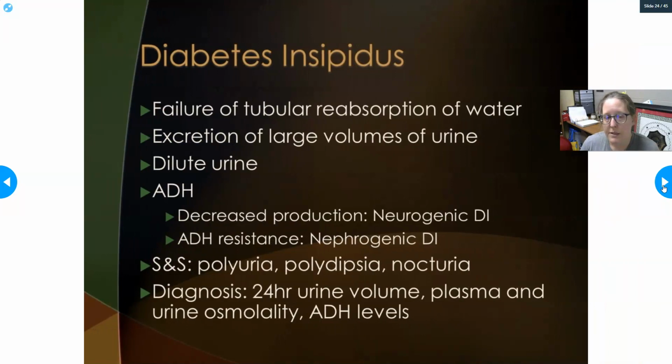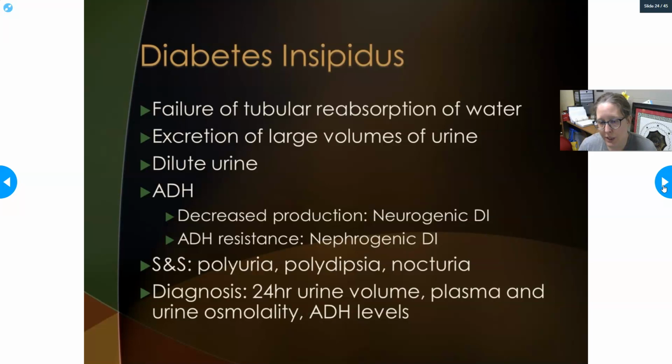Diabetes insipidus, this is the other diabetes, and it's a failure of the tubular reabsorption of water, usually due to lack of antidiuretic hormone. It causes the excretion of large volumes of very dilute urine, but then the blood is too concentrated. If a patient has neurogenic diabetes insipidus, they do not produce antidiuretic hormone, or there's a severely decreased production.